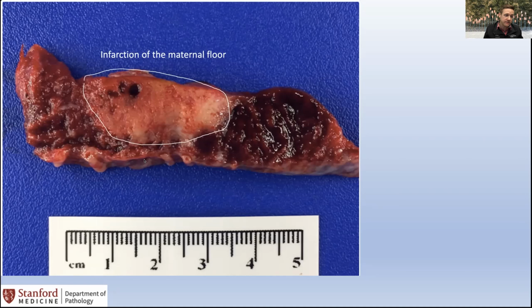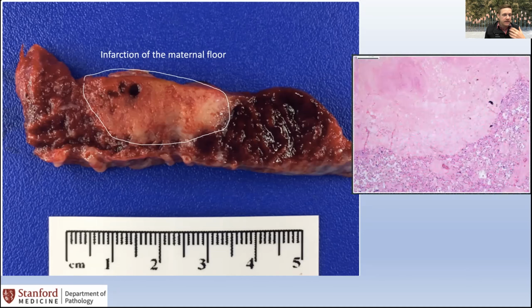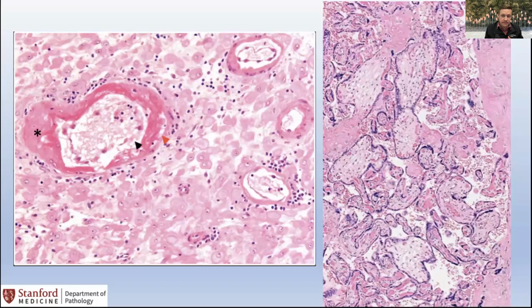This is the chorionic plate vessels here, and there was an infarction. And histologically, we would see very clearly the area of infarct or dead tissue adjacent to some viable placenta. And so, especially if you see a small for gestational age placenta with an infarction or a hematoma, that's really going to raise our concern for uteroplacental insufficiency.